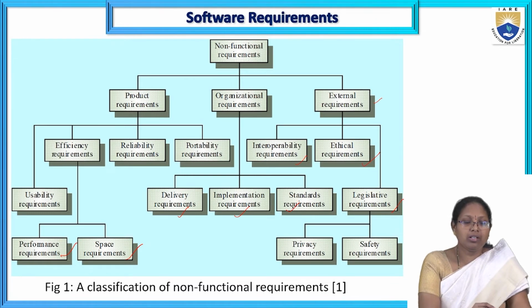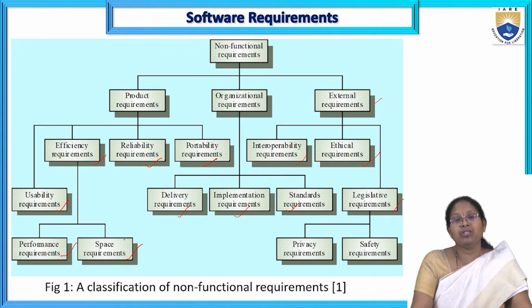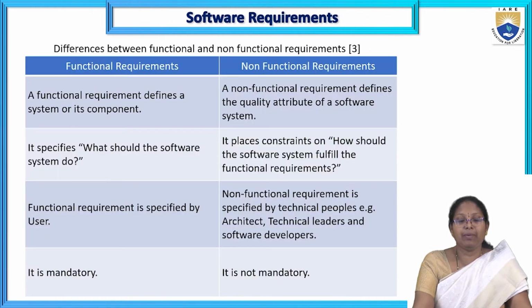Product requirements are efficiency requirements, user requirements, reliability requirements, and portability requirements. Again, the efficiency requirements may be classified as performance requirements or space requirements, that is, how much space is required to run this particular product. So these are the different categories of non-functional requirements.